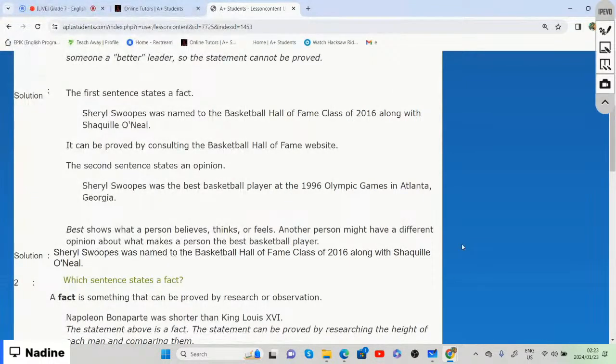The first sentence says Cheryl Swoops was named to the Basketball Hall of Fame class of 2016 along with Shaquille O'Neal. And it can be proven by consulting the Basketball Hall of Fame website. The second sentence states an opinion.